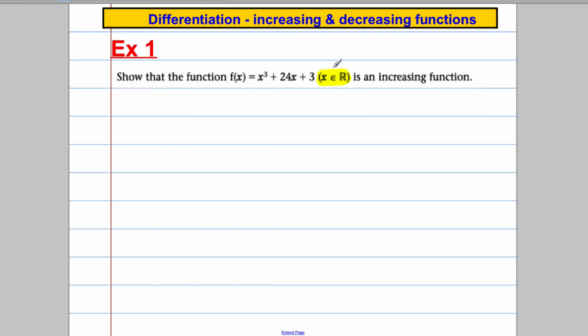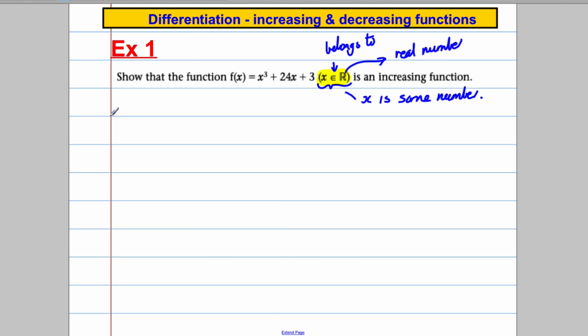Now this sign means belongs to, and this sign means real numbers, and it just means the number line is a number. So this in essence just means x is some number.